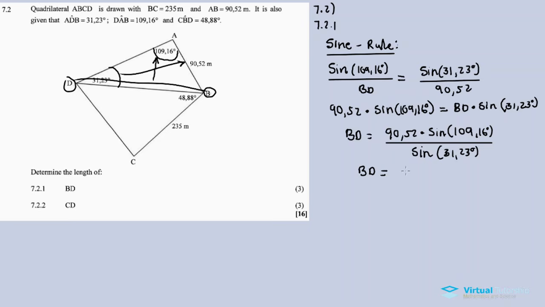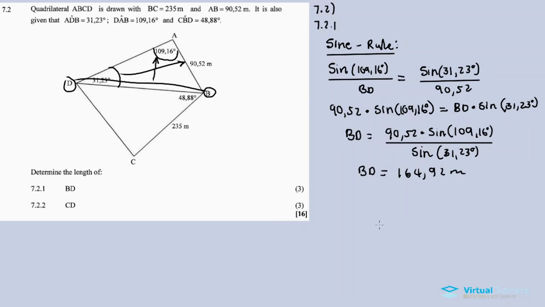BD will be equal to 164.92 meters. So now I have the answer for this length BD.